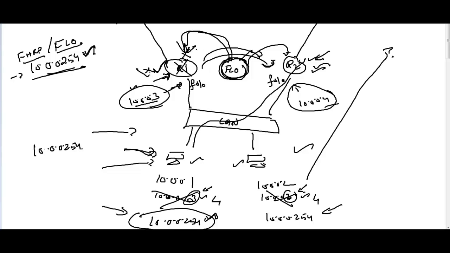Let's say the MAC address of router 1 is AAA, and the MAC address of router 2 is BBB. The switch also maintains MAC addresses. It knows where AAA is and where BBB is. According to the switch, AAA is on FastEthernet 0/10, and BBB is on FastEthernet 0/20.